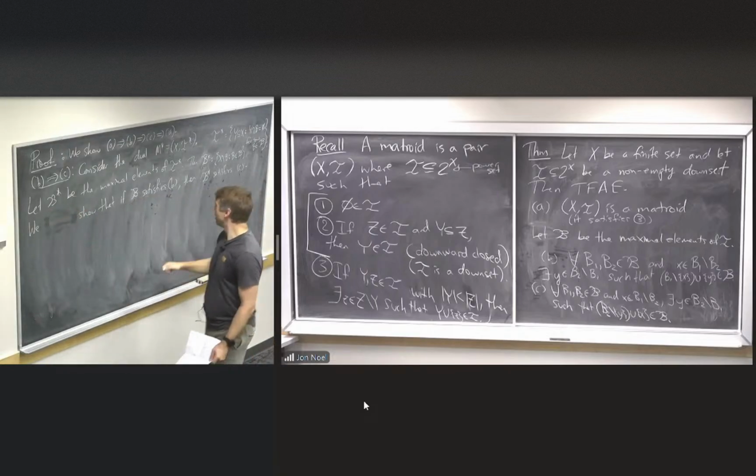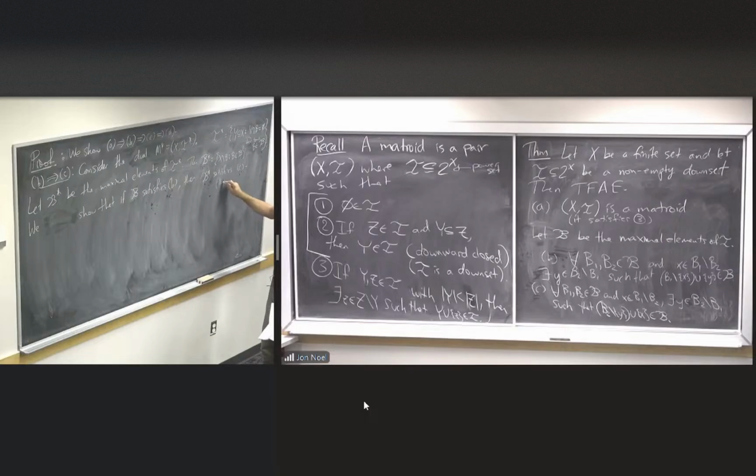Because we already know C implies A, and that A implies B. And also, if you think about it, B star star is B. So this will imply that B satisfies property C. Okay.